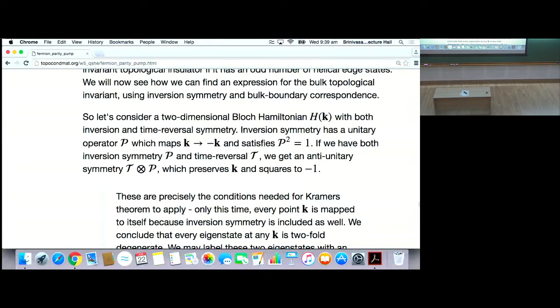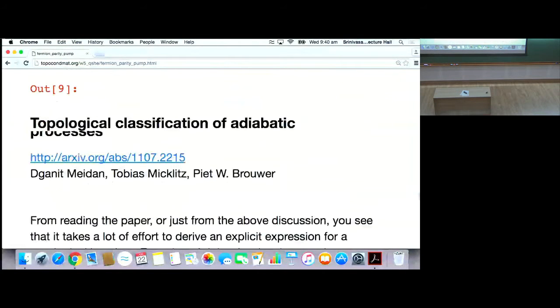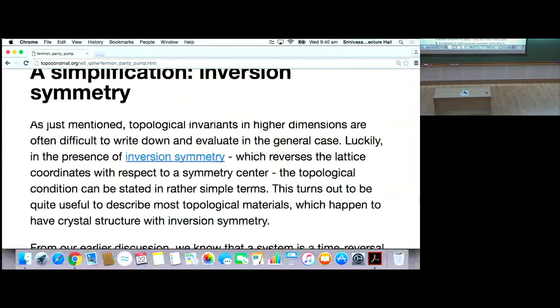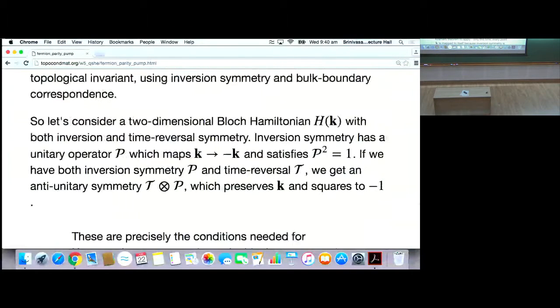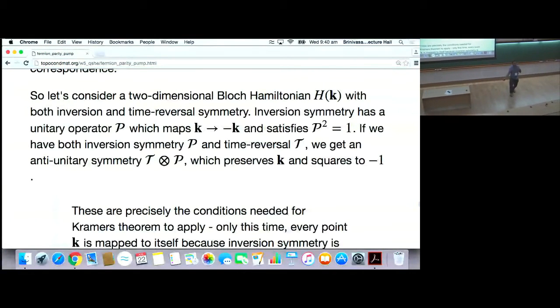Let me actually make this a little bigger. Okay. So time reversal symmetry gives you Kramers' theorem, but the trouble with time reversal symmetry in a bulk system is that it flips k to minus k. Right?